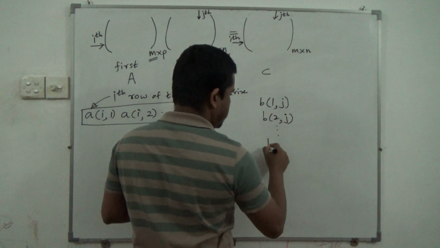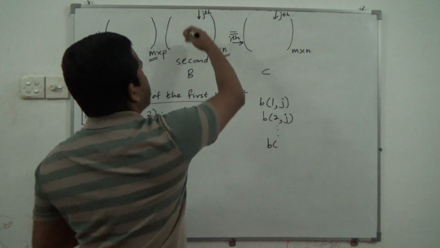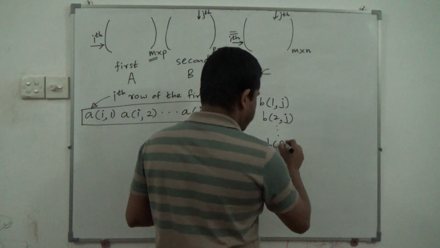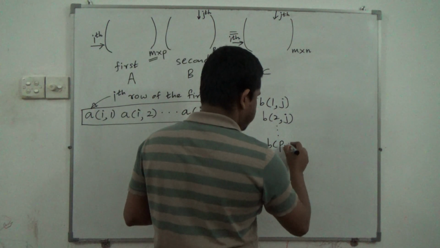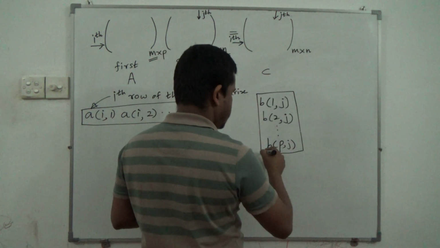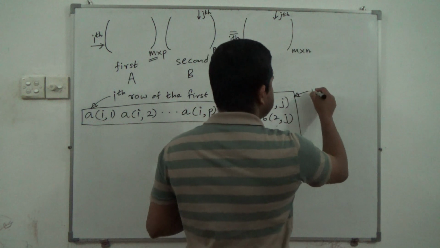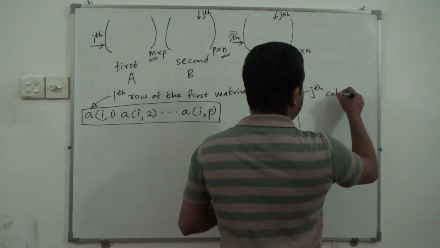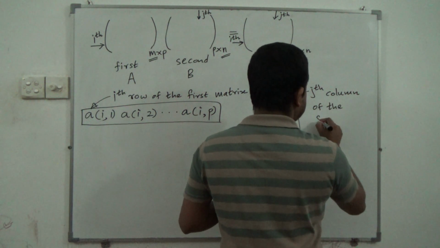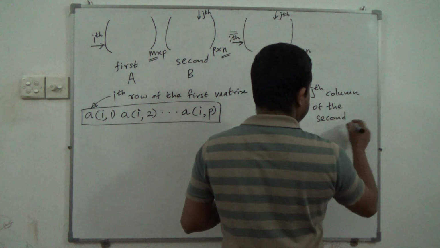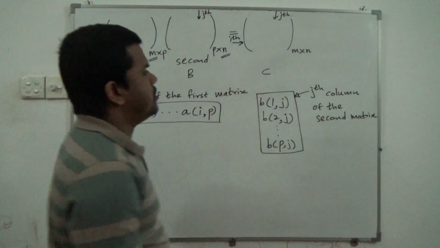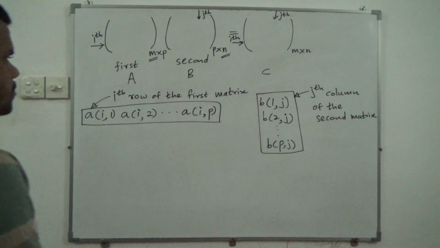Likewise, since there are p number of rows in this matrix, here we have b p comma j. This is the jth column of the second matrix.